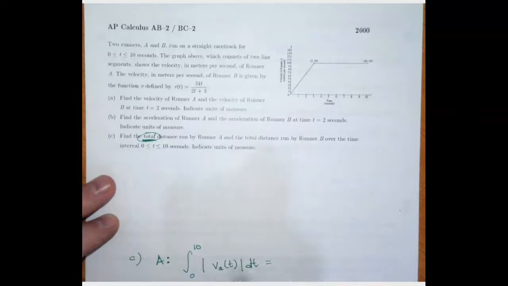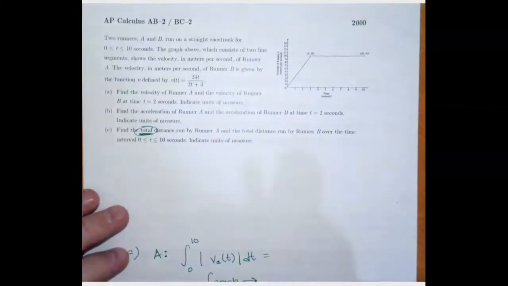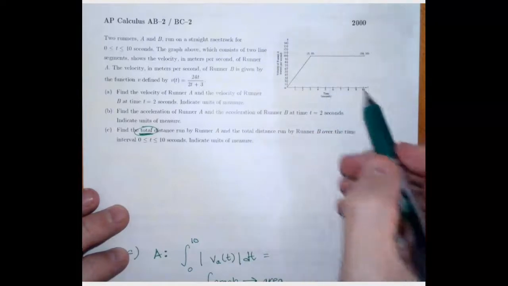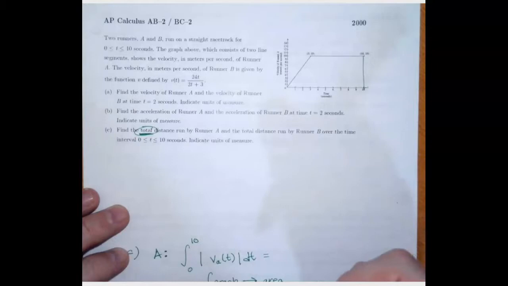Okay? Well, that velocity was given in a graph, and so when we integrate a graph, and again, this would be good to pause, when you integrate a graph, that's going to be area. So we just want to find the area of that thing, and you want to make sure you check these numbers, and it is 0 to 10, so that's fine.